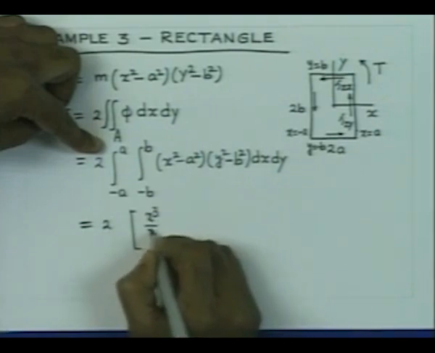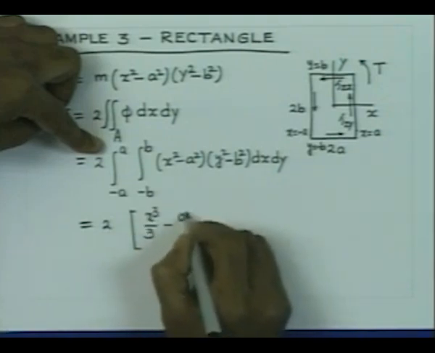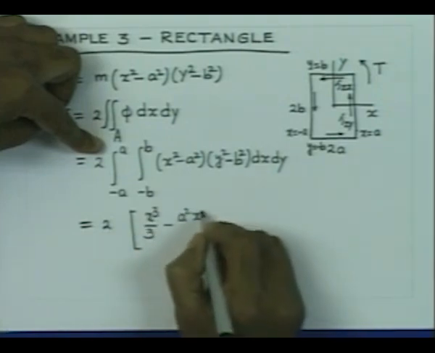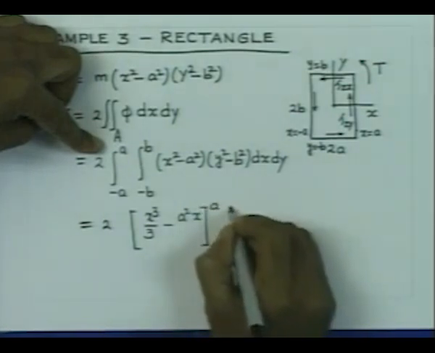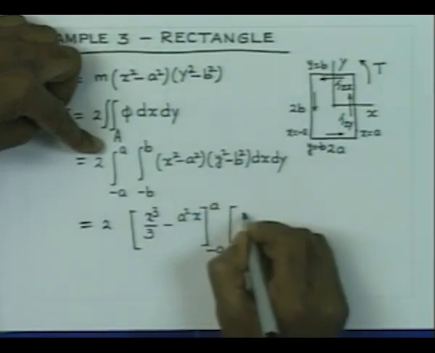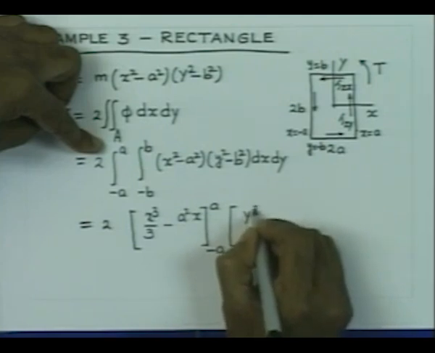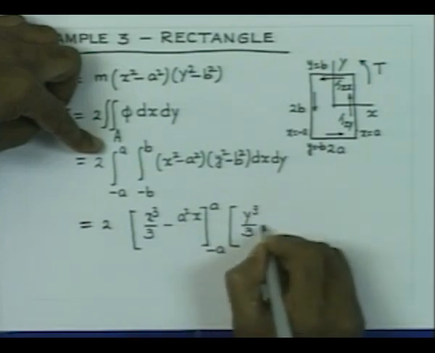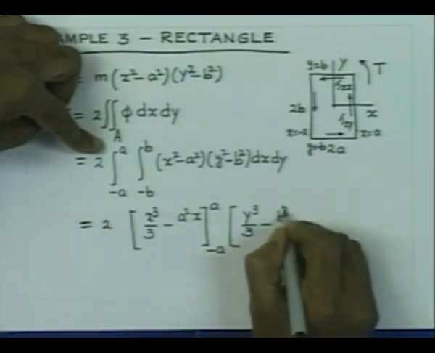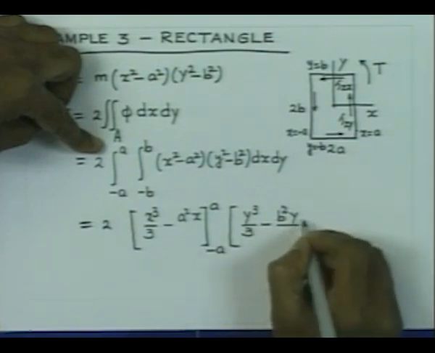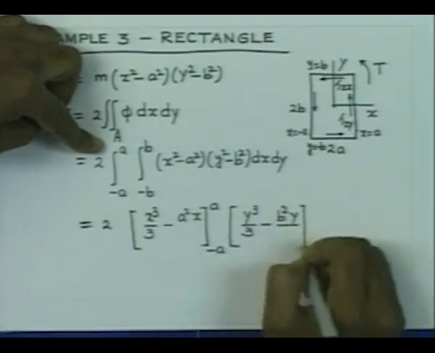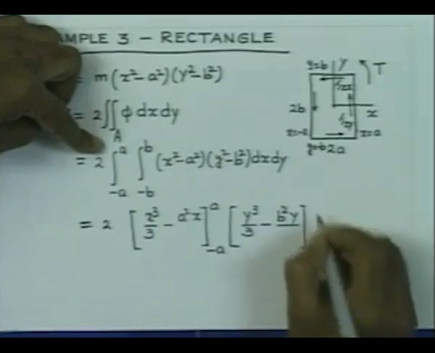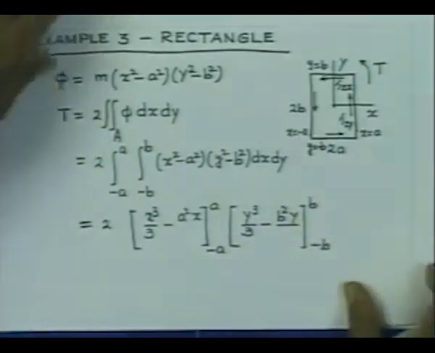x cube by 3 minus a square x from minus a to plus a. Similarly, y cube by 3 minus b square y from minus b to plus b.